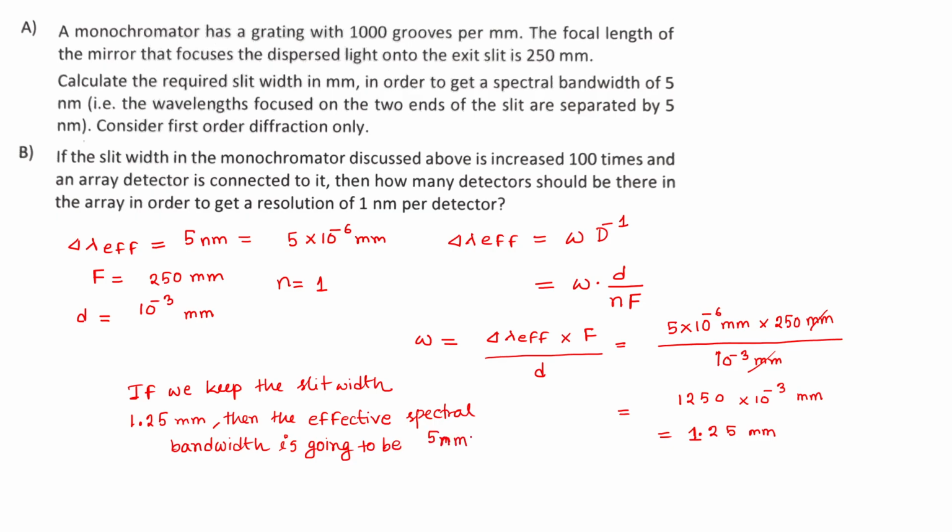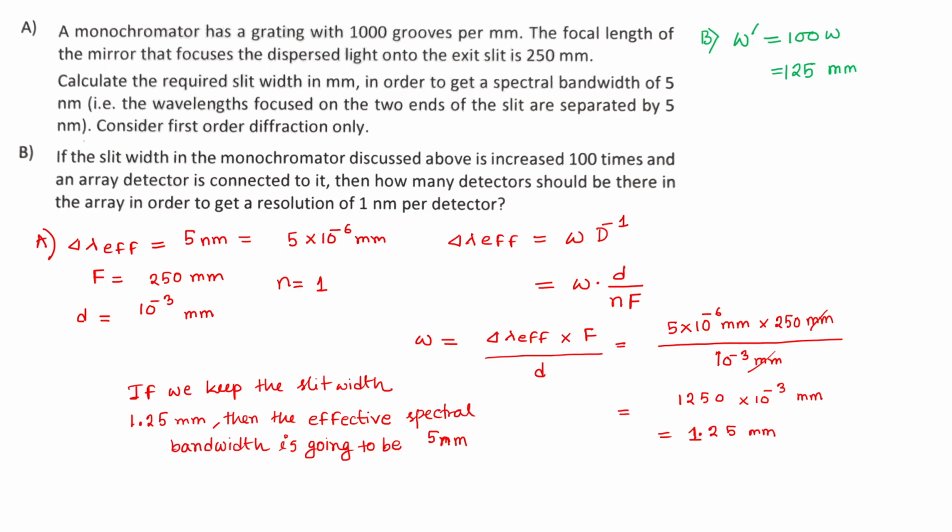Okay, now this is for question number A, and what does question number B say? That the slit width in the monochromator, this slit width of 1.25 millimeter, is increased 100 times. Suppose we are solving this question here, in another color maybe. Now my changed slit width is 100 into W, which has become 125 millimeter. This is my new slit width.